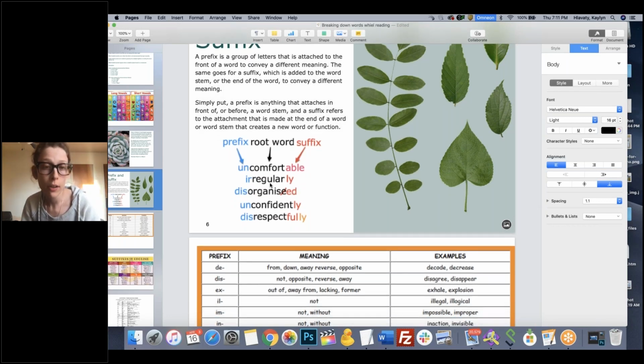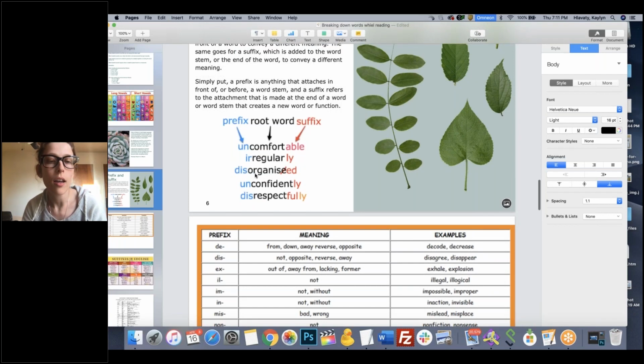Again, take the word irregular. We have the root word regular. The prefix would be IR, and then ly would be the suffix. Then say you have organize, and you want to say, okay, Sally is very organized. She has everything neat at her desk.